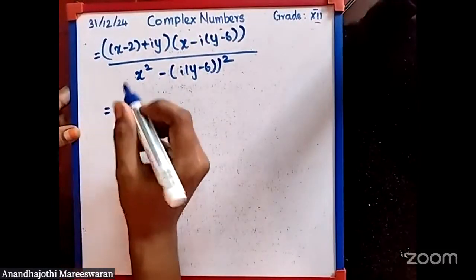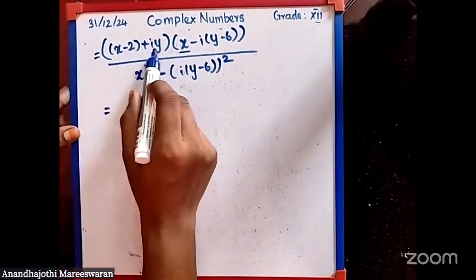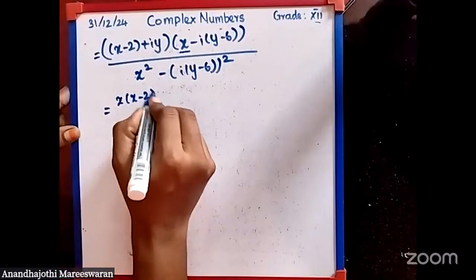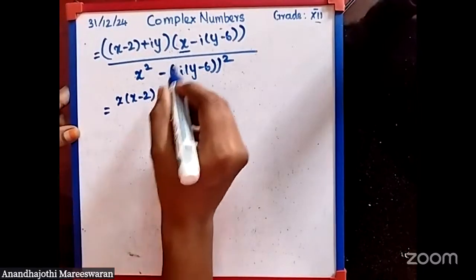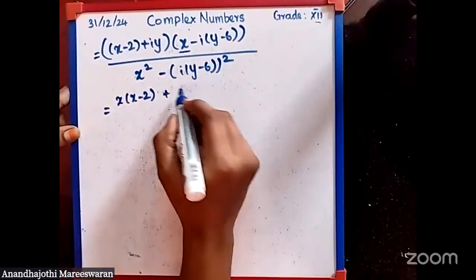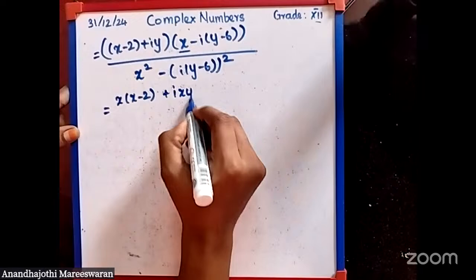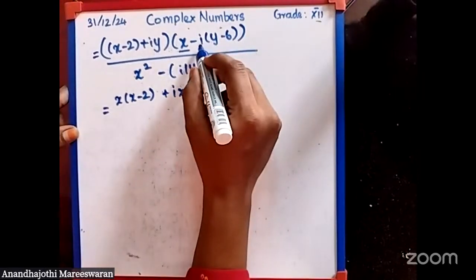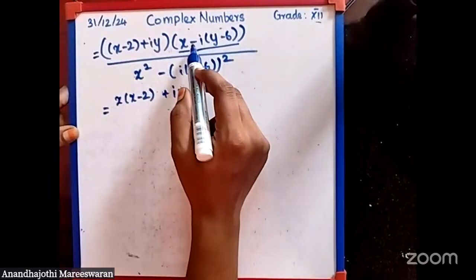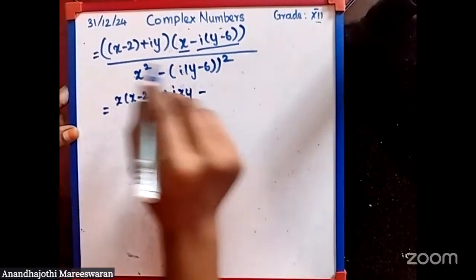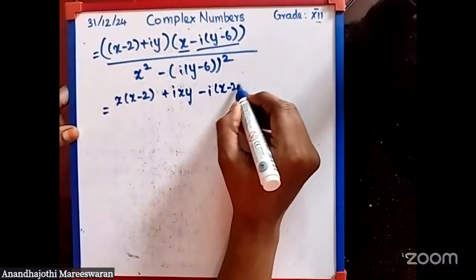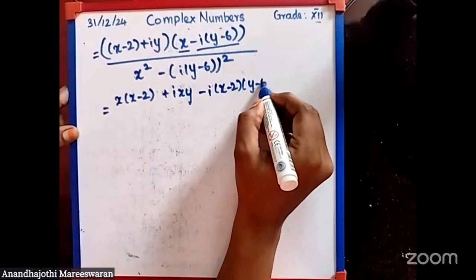Now I'm going to multiply both the terms by x. So x multiplied by (x minus 2), plus x multiplied by iy, so ixy. Now I multiply these two terms by the second term. So minus i(x minus 2) multiplied by (y minus 6).